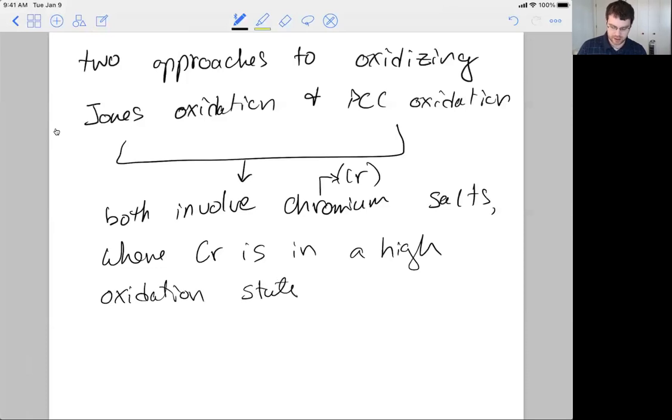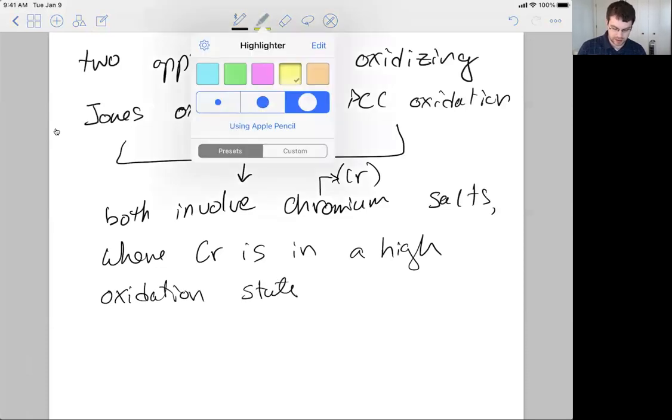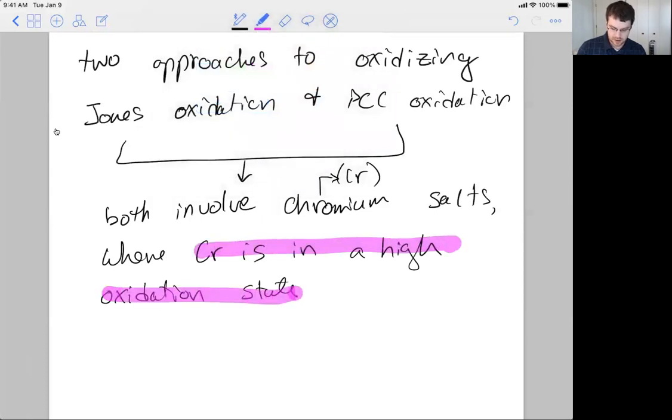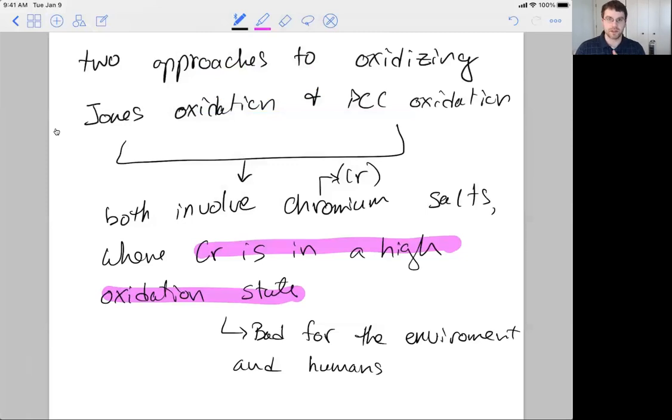That's not good, because when chromium is in a high oxidation state, it's bad for the environment and the humans that use them. So not only is it bad for the environment, but it's also toxic, carcinogenic, that sort of thing.